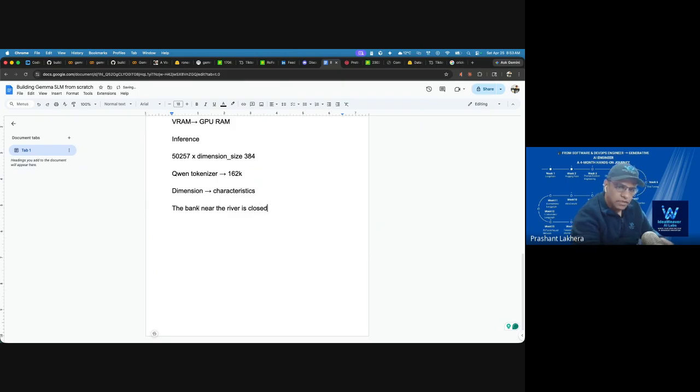This is a complex example, and I always use it for the purpose of demo. The bank near the river is closed. Here, the bank may have a different meaning for different people. Bank may mean a financial institution, and bank can mean the river bank, the area near the river, right?